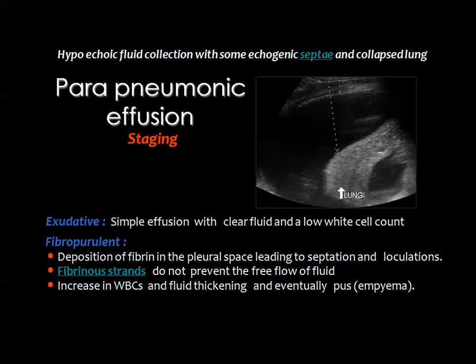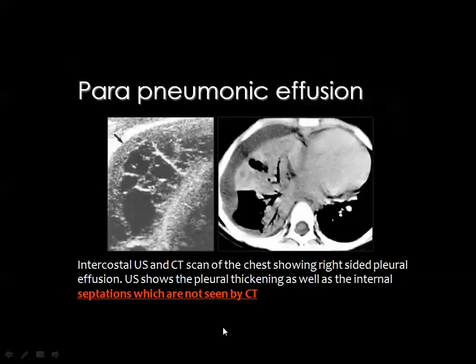And these septations may not prevent the free flow of the fluid, and then you can easily drain the fluid percutaneously. And this is also a good example by ultrasound. You see the effusion with multiple internal septations, and by CT you see the effusion and you cannot see the septations.